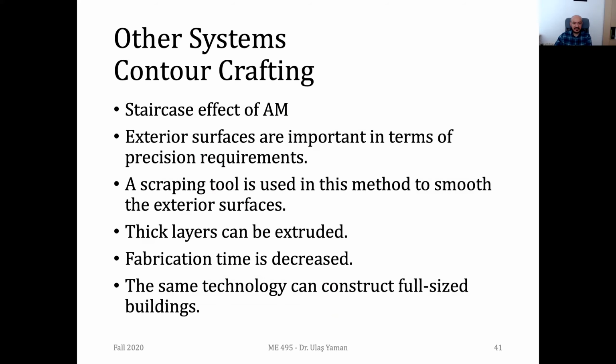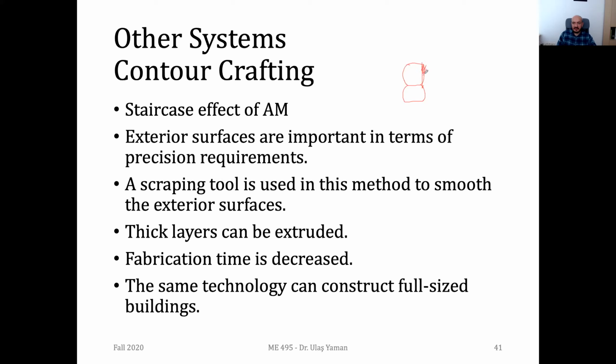In contour crafting, let me draw a side view. If you do extrusion, then we will have such a barreling effect. Assume that these are layers. If you use special equipment or a scraping tool, then at each layer you do some scraping.